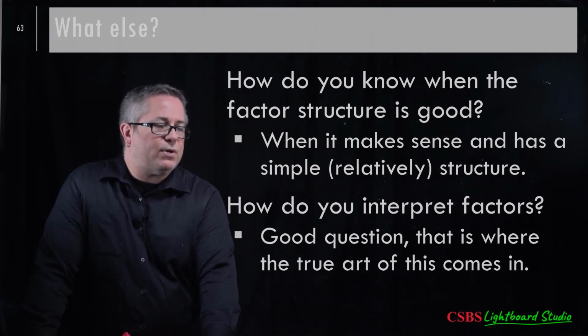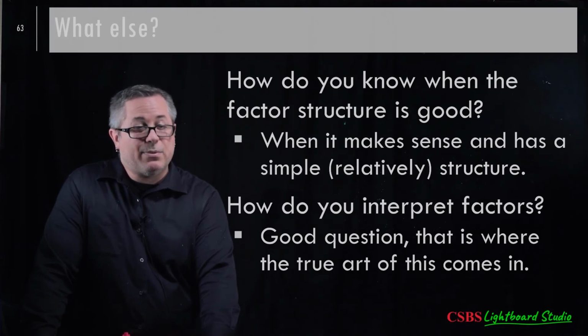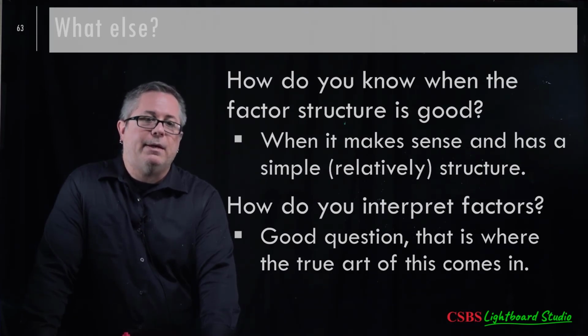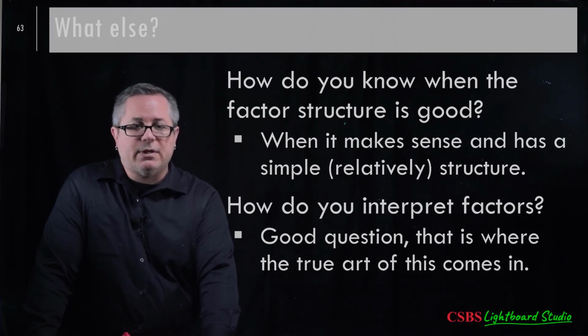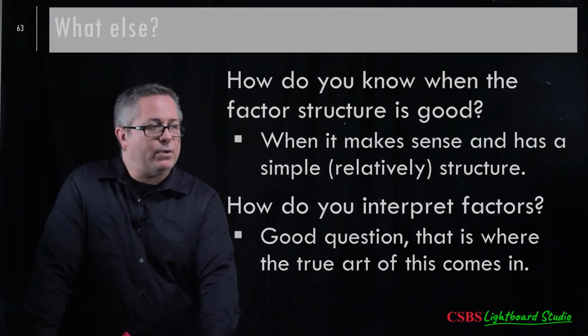So a factor analysis is good when the structure is as simple as it can be, and the factors make sense. And I would even add to this that the factors have some use, that they can be used to predict other things, that they can be used as outcomes, that they have a useful purpose to them. If they have those things, then your factor structure is probably pretty good.